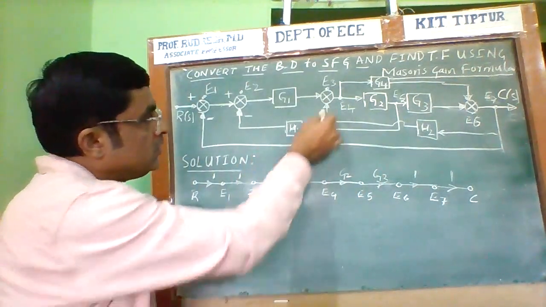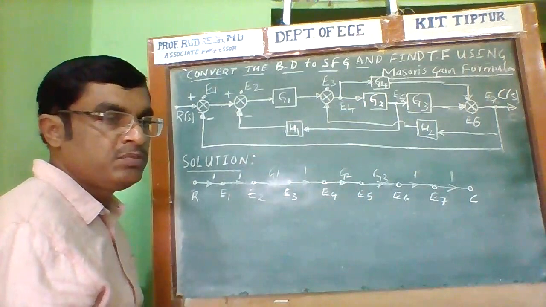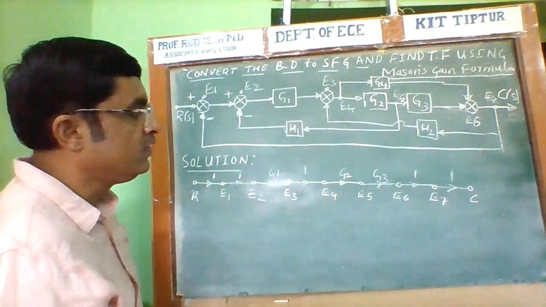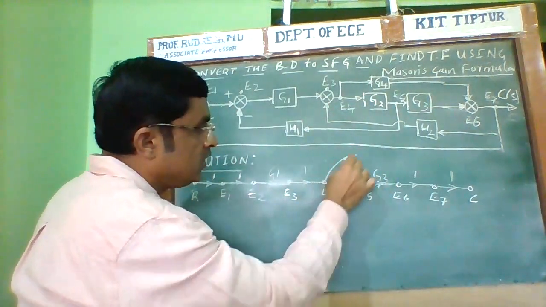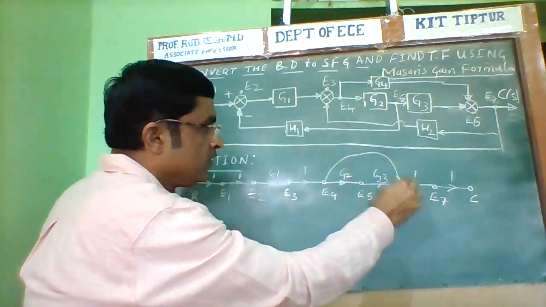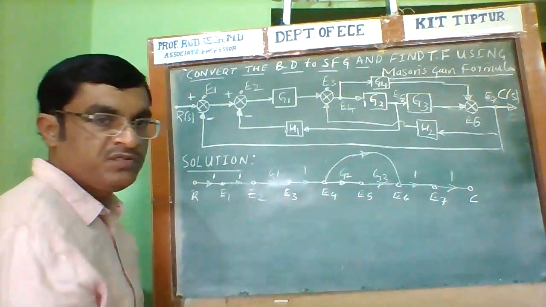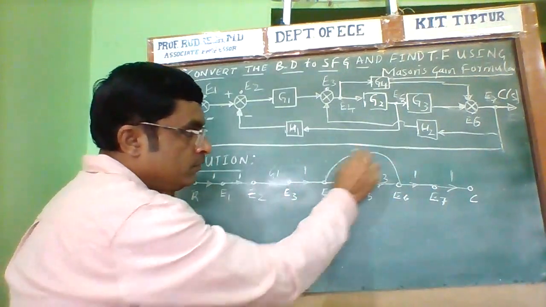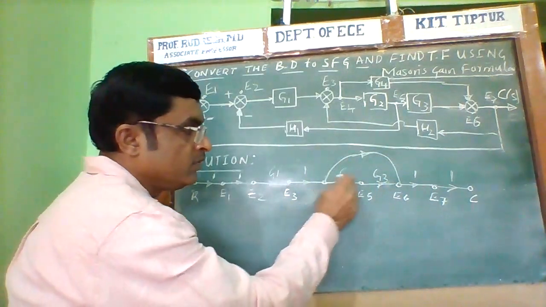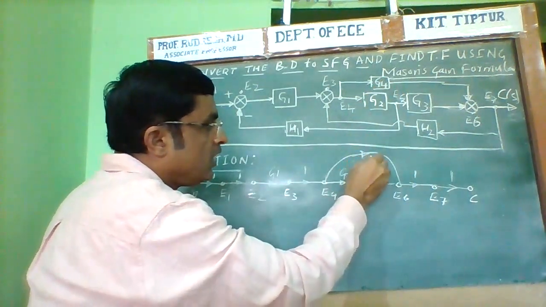So here, which is the feed forward path? Identify the feed forward path between the various nodes. Here there is the E4 node and the E6 node, and there is a feed forward path between them. Connect these nodes and mention the gain of the feed forward path along with the sign.